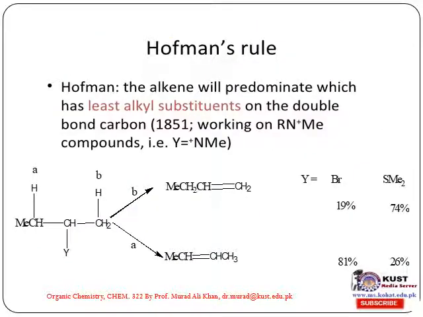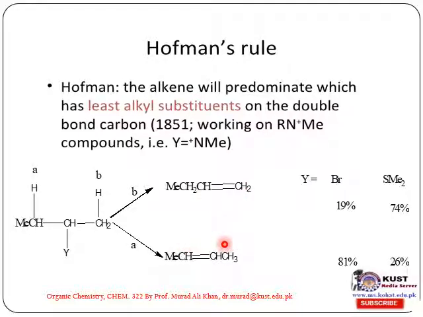Hofmann's rule. The alkene which has the least alkyl substituents on the double bond carbons will predominate. That is, if you look into this molecule, if we have two beta hydrogens here, A and B, and the leaving group is Y, there is a possibility that this compound may be formed or this one may be formed.